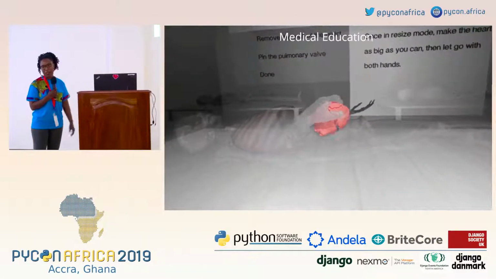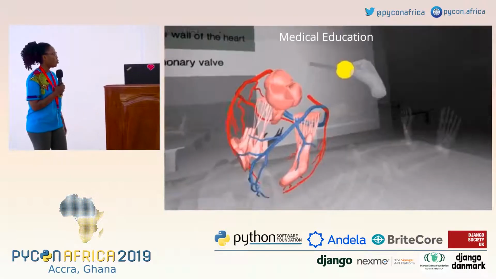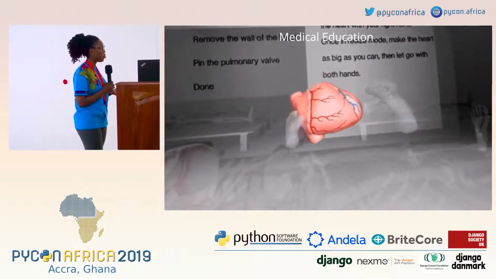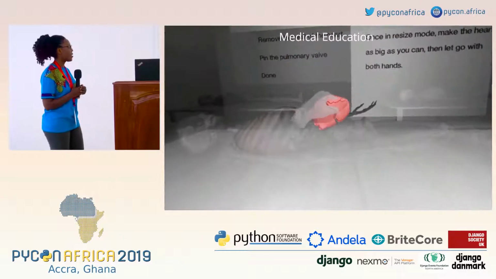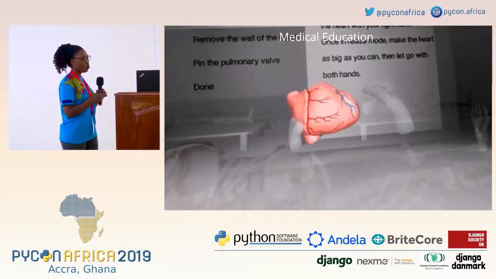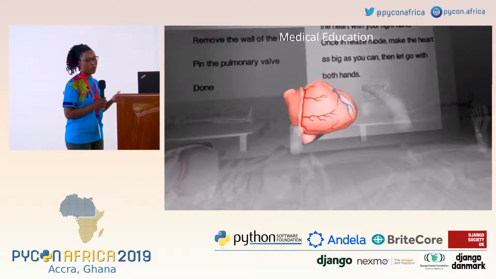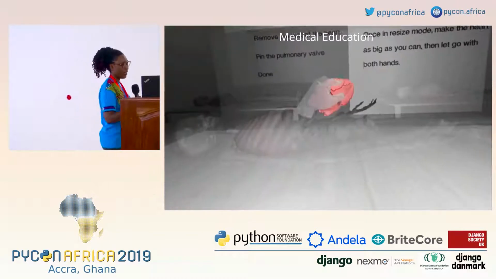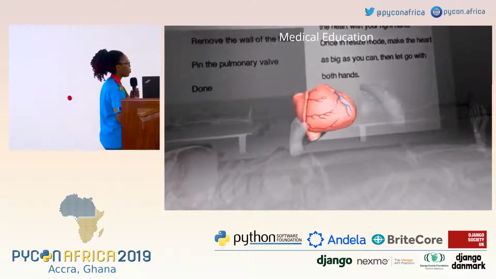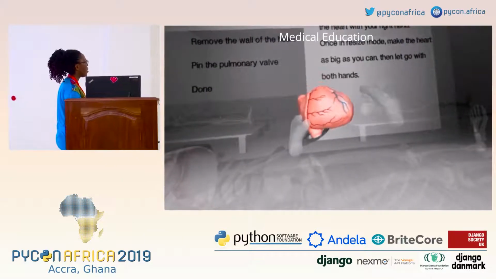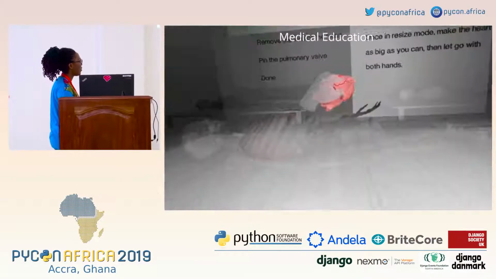This could help a lot of doctors to experiment on how they could do a heart surgery. A-Frame gives you the experimental process without going to the extent of doing it on the actual person. So this would be the future for a lot of us, a lot of developers.